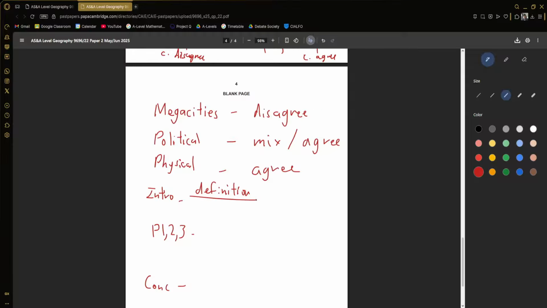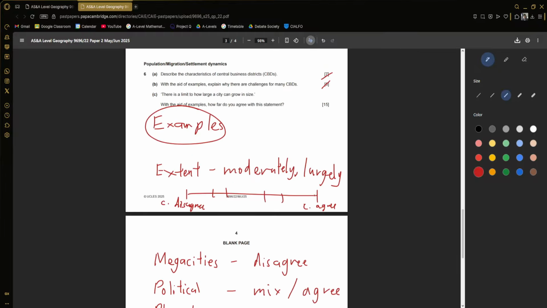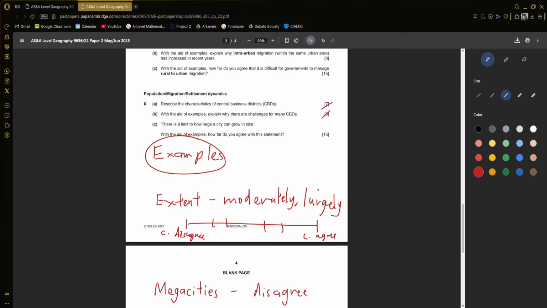So after you get the definition down, you can start introducing your case studies or providing some context, right? You can talk about how in recent times you are starting to see a lot of issues in urban areas and cities, where there has been mass migration outwards with counter-urbanization.